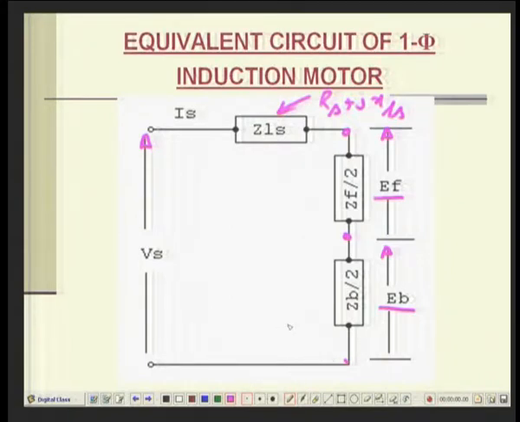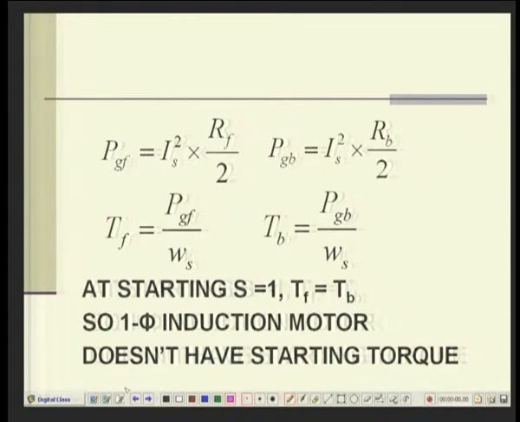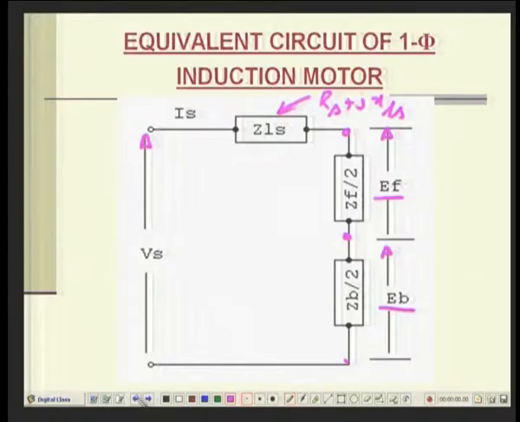Our ZF is as per the 3 phase mode. Now what is the power fed to the forward field, PGF? Just like in a 3 phase machine, it is IS square into RF by 2.